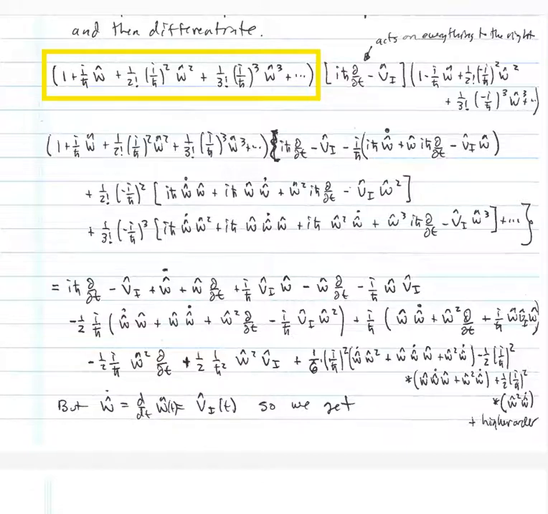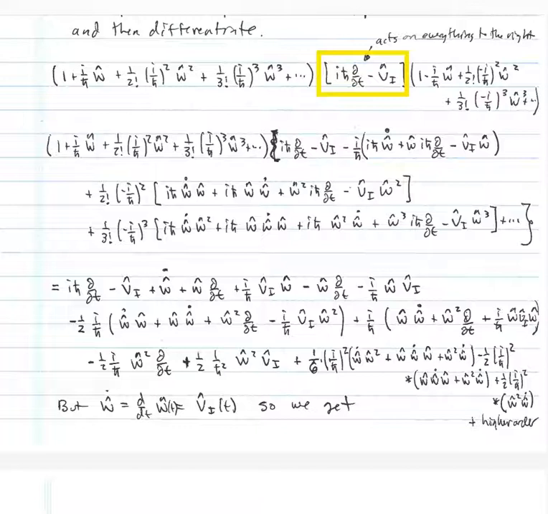We know exactly what that power series is. We then have the differential operator in the square bracket, and then we have the exponential e to the minus i over h bar w, so that's 1 minus i over h bar w, plus 1 over 2 factorial (minus i over h bar)^2 w squared, plus 1 over 3 factorial (minus i over h bar)^3 w cubed, plus and so on.